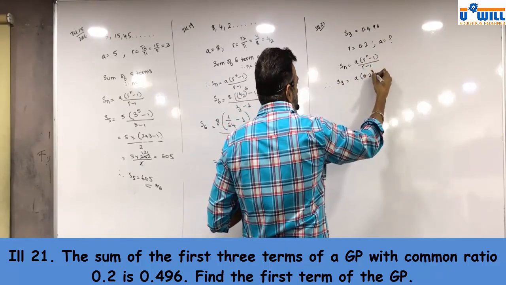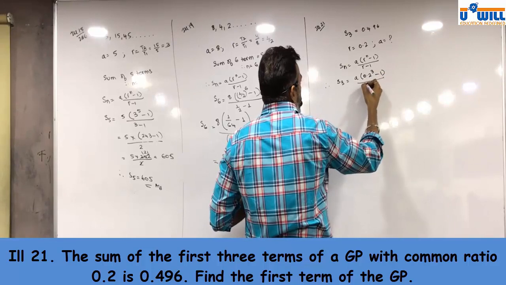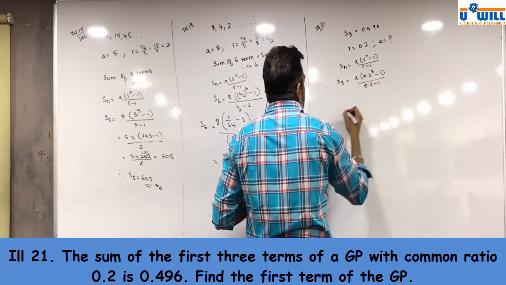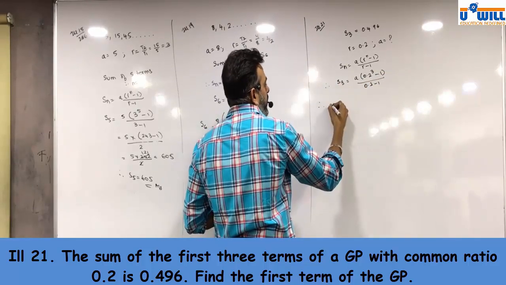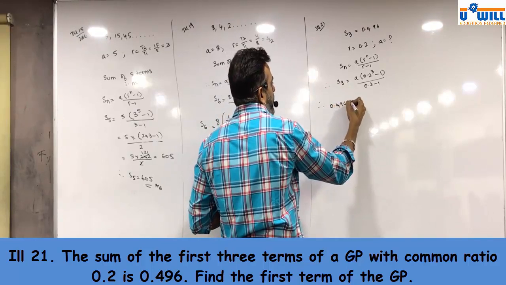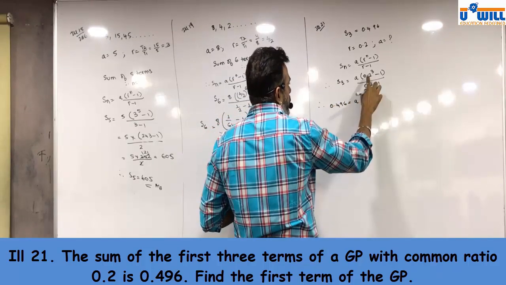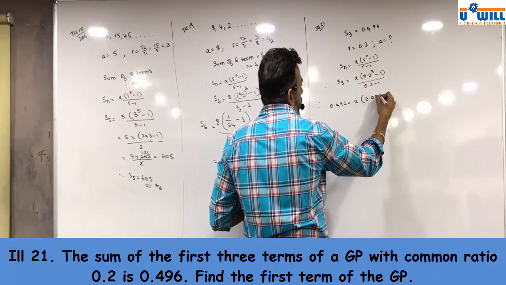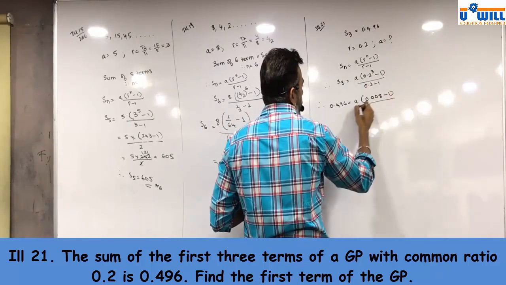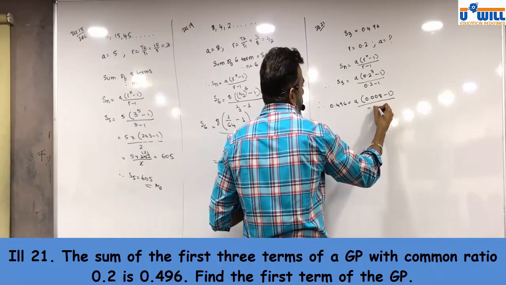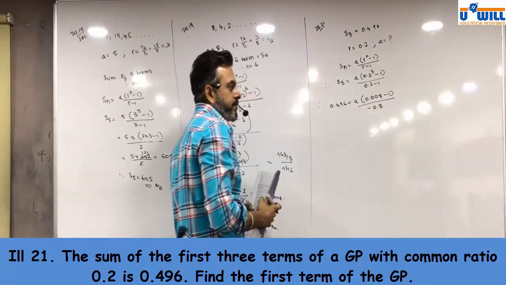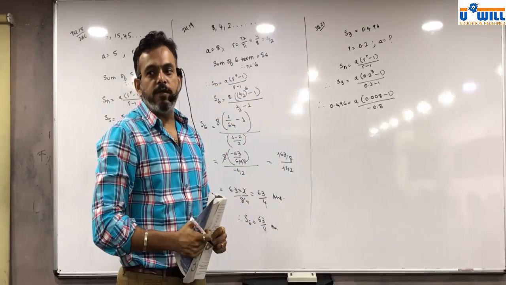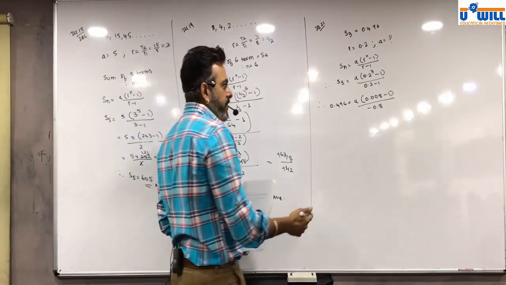N is 3 minus 1 upon 0.2 minus 1. Therefore, what is S3? 0.496 is equal to A into 0.2 raised to 3 is how much? 0.008 minus 1 upon minus 0.8. 0.2 minus 1 is 0.8 negative.